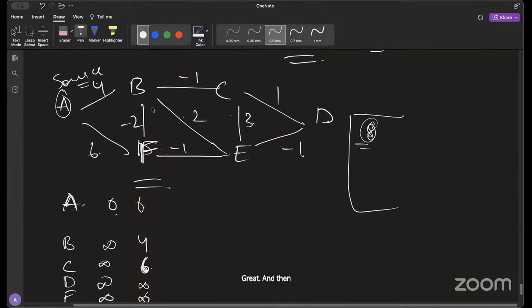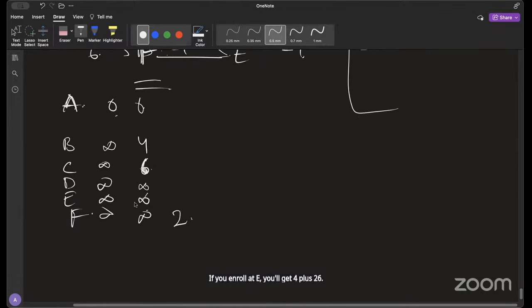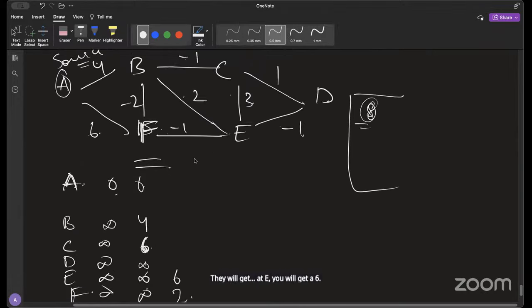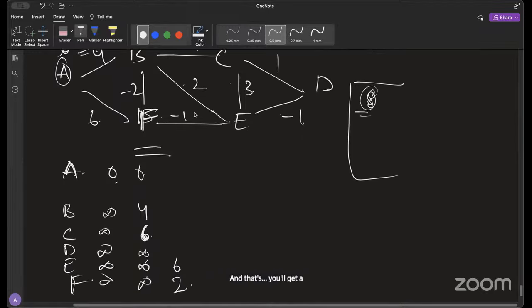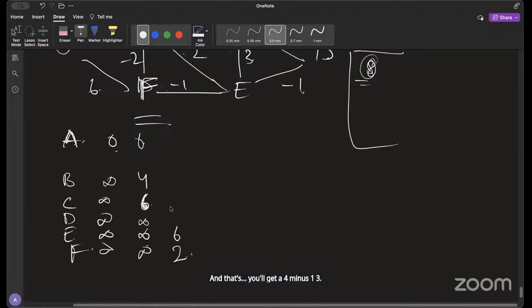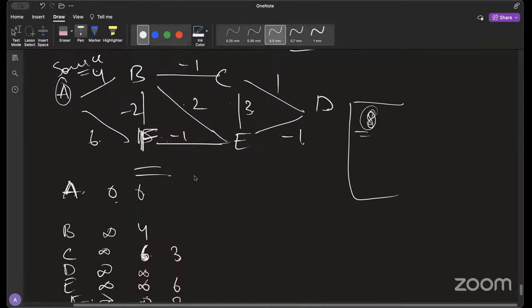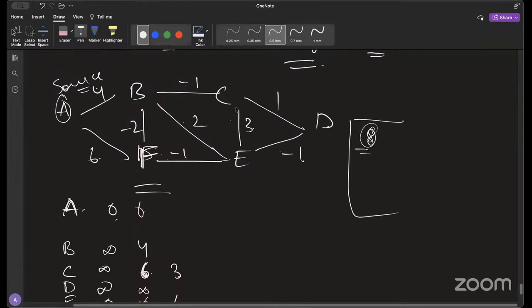And then if you go to E, you'll get 4 plus 2, 6, at E. And at C you'll get 4 minus 1, 3, right? So you'll get a 3 here, and the others are not directly connected, so you don't need to do that.